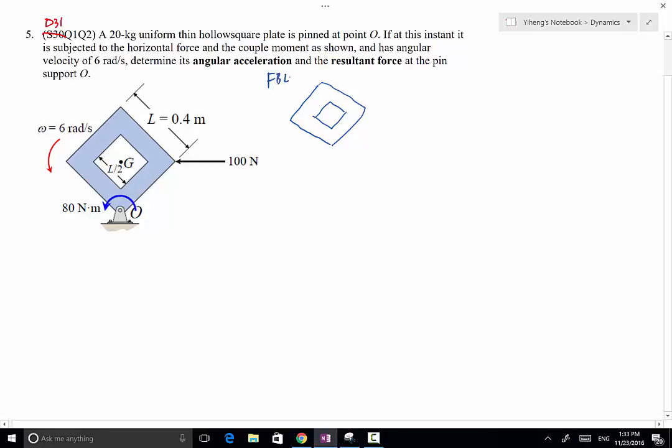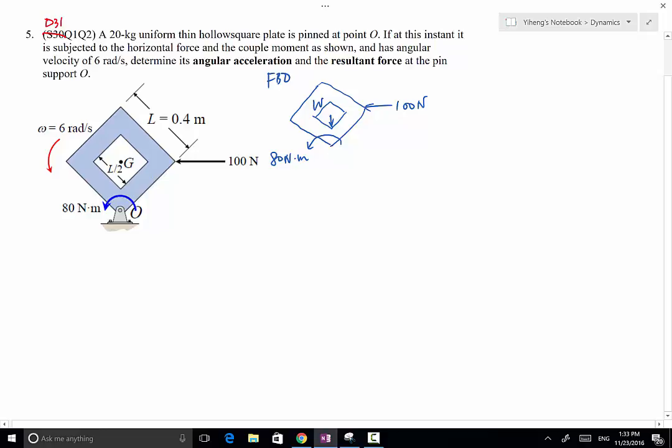On the free body diagram, we have the applied force, 100 Newton force right here, and the 80 Newton meter couple moment. But don't forget, we have the weight force. The weight force is 20 kilograms times 9.81 meters per second squared.